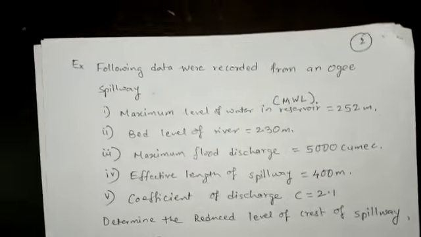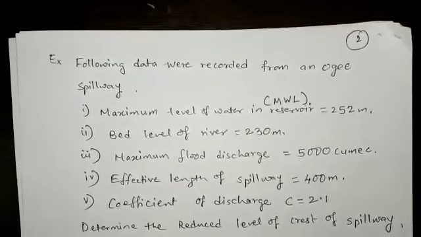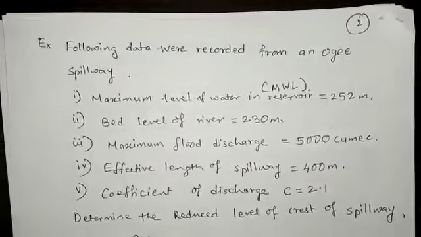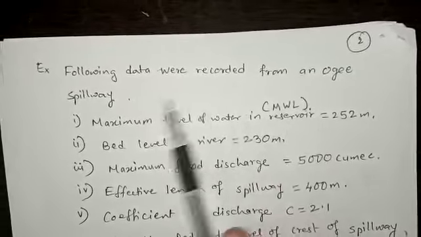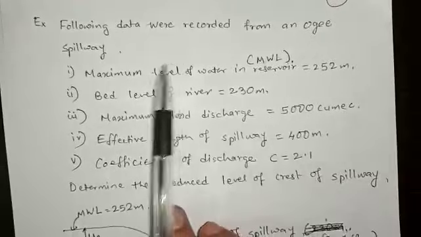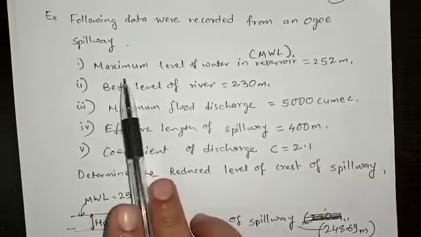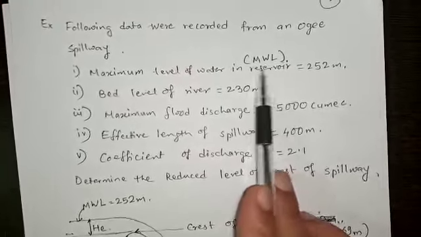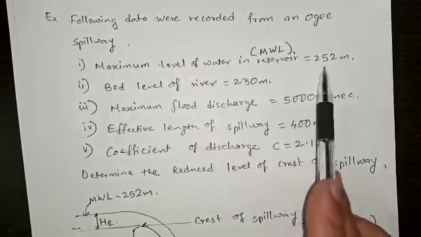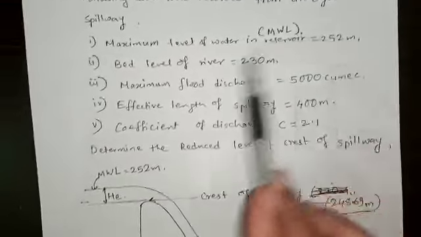The first problem. Let us note down the first problem. The data given for an ogee spillway is as follows. Point number 1, the maximum level of water in the reservoir, that is, the maximum water level, is 252 meters.